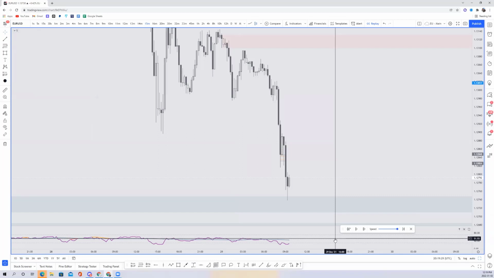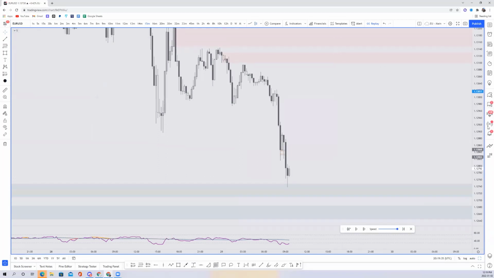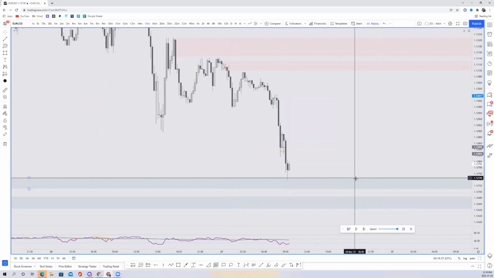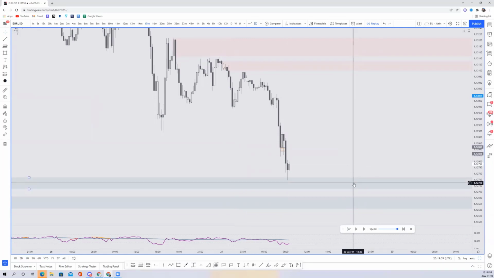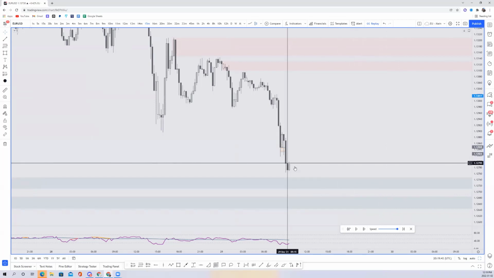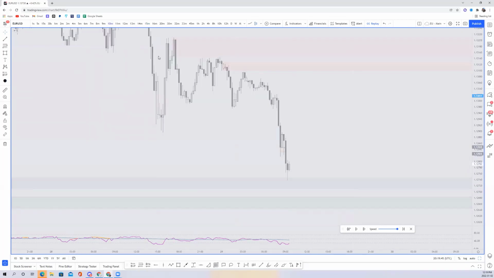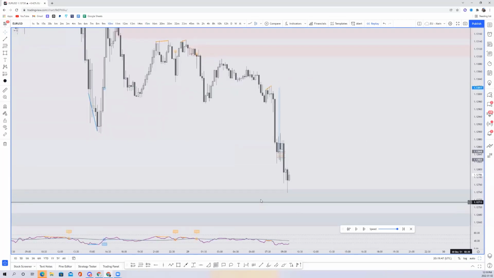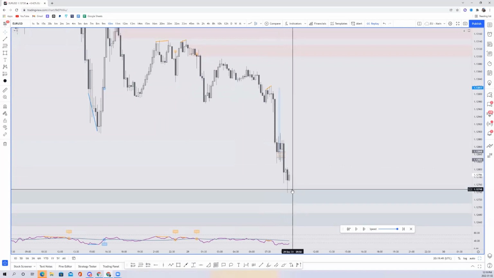Absolutely, absolutely. So this is where pricing comes into effect. Right now, we could say that one of these two POIs is at the extreme of the range. So just what we showed here, let's just go back to the 10-minute actually. Right here, just how aggressive this wick is, that's a confluence to go up.